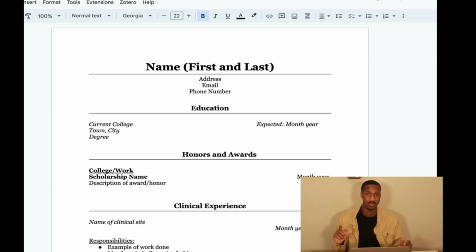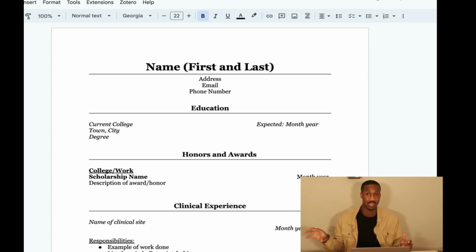A CV is going to be much more detailed and is going to tell a little bit more of a coherent story about who you are in terms of your professional, clinical, and volunteering experiences. So be sure that if the school is asking you for your resume, you give a resume. And if they're asking you for a CV, you give a CV. If they say either resume or CV, I would pick the CV because it's a little bit more detailed in terms of what you do.